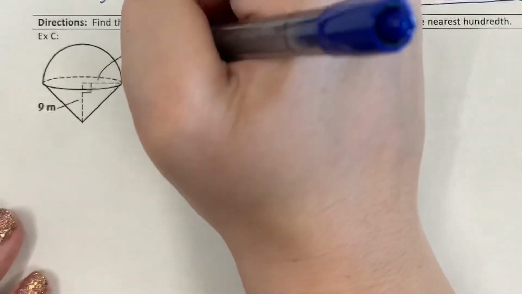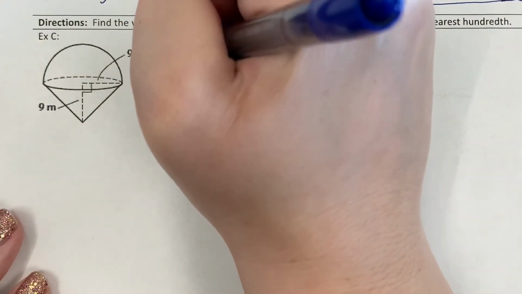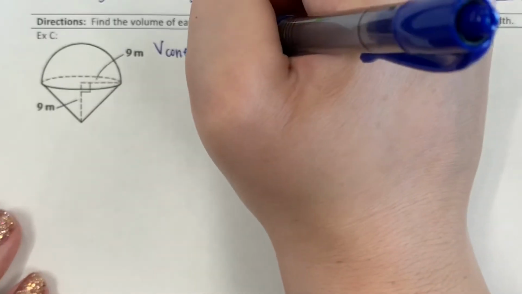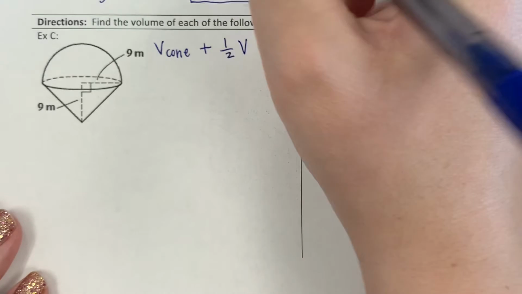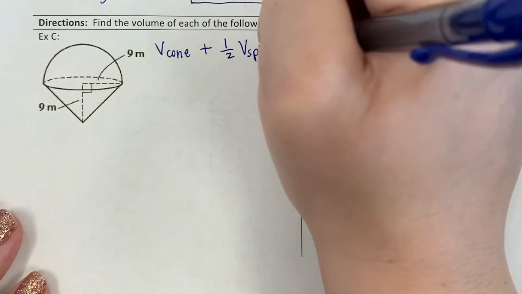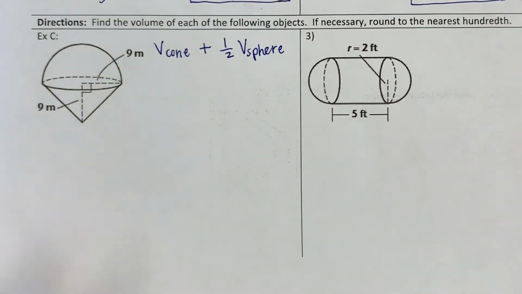So in other words, I'm almost doing the volume of the cone that's at the bottom plus half of the volume of the sphere that we see at the top. That'd be like the ice cream scoop.